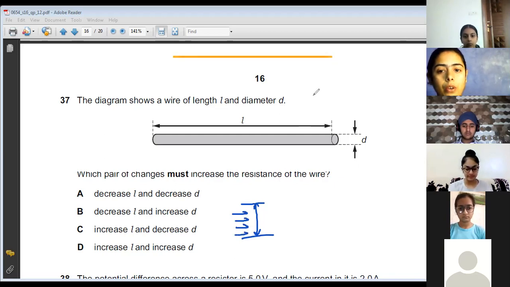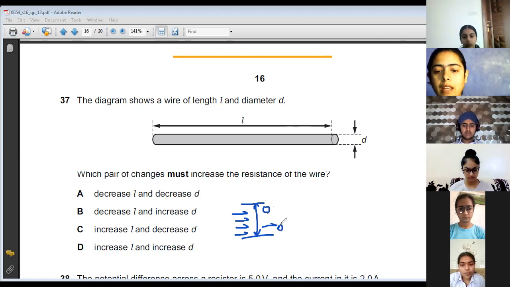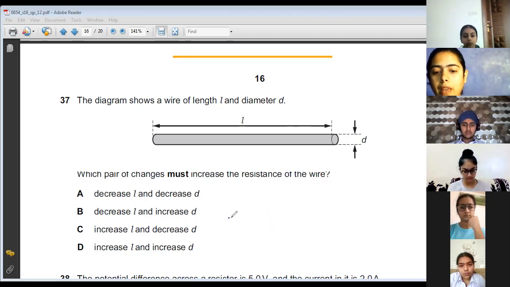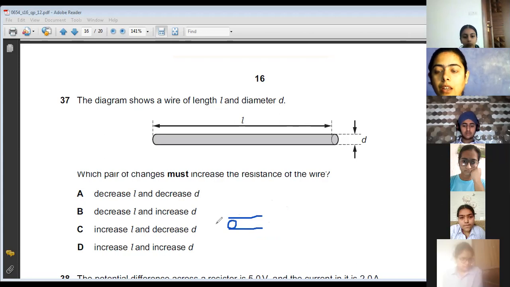Maybe you are standing on one side, the students from the other side will keep moving. But what if you have a small diameter? Then you stand over here and you can have a good control over everyone. Yes or no?